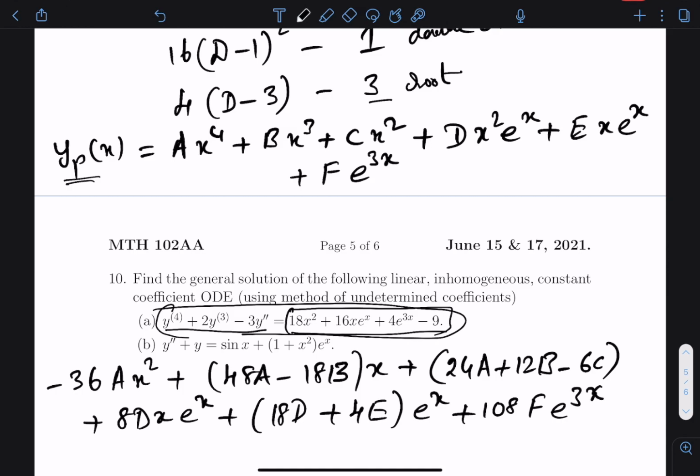This is what you will get on the left hand side, which should be equal to whatever is given on the right hand side.